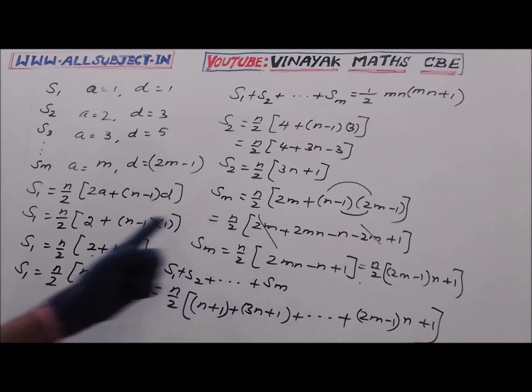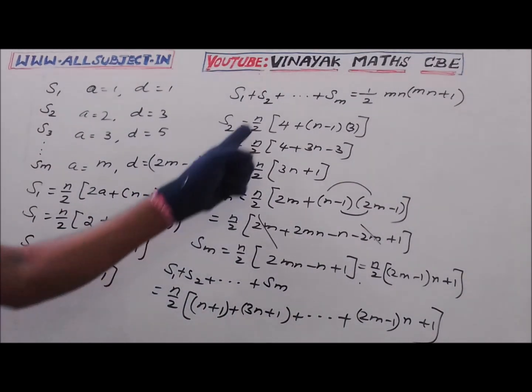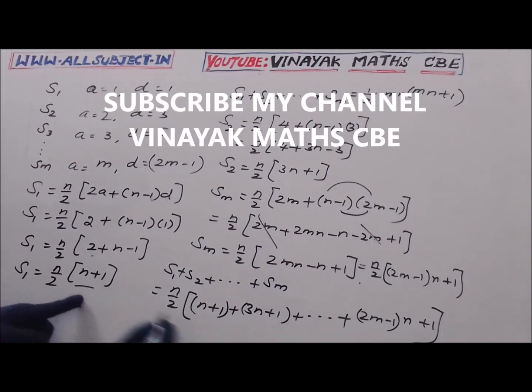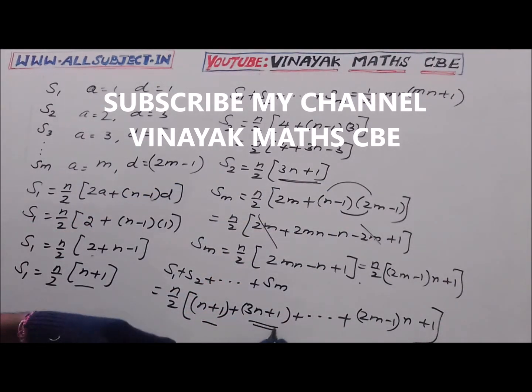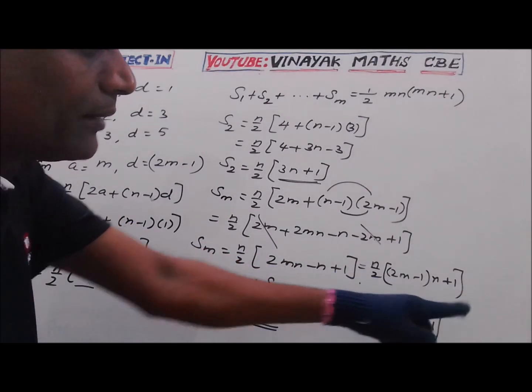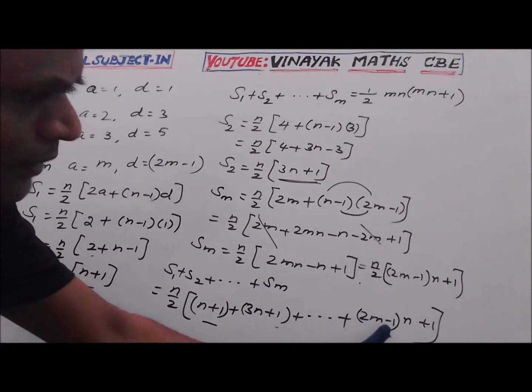So n by 2 is taken out from all of S1, S2, Sm, all containing n by 2 as a product. The remaining in S1 is n plus 1, the remaining in S2 is 3n plus 1, and for Sm the remaining is (2m minus 1) into n plus 1.